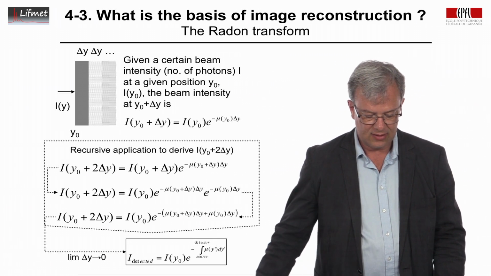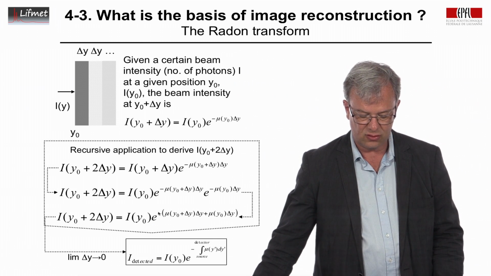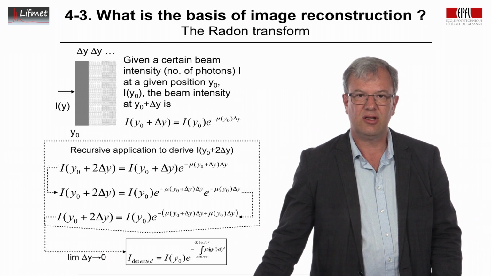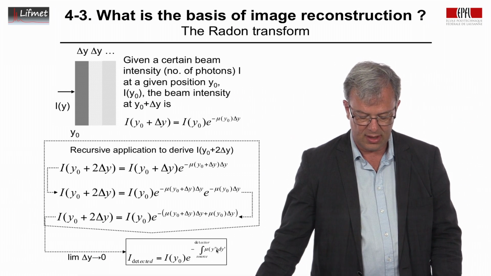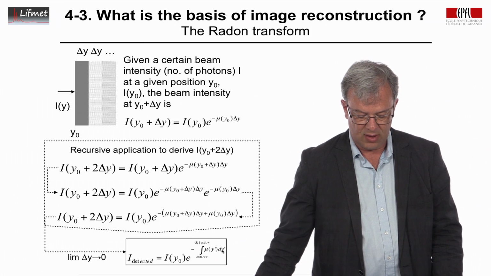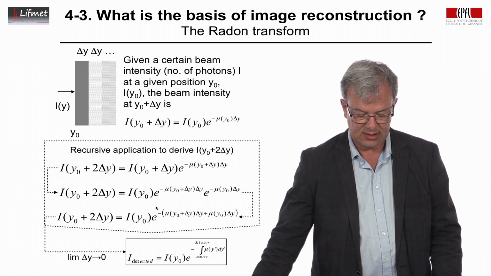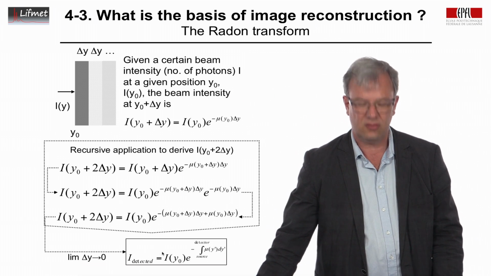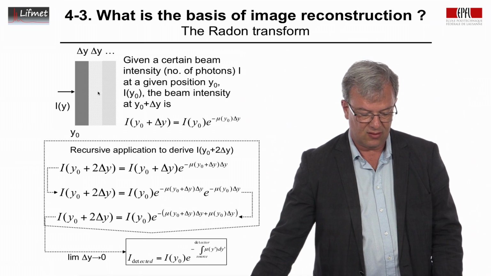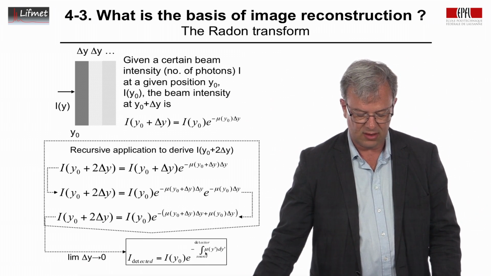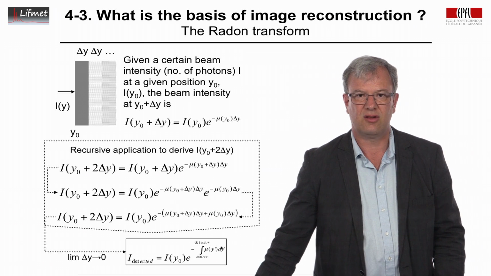We're going to sum from the source to the detector the linear attenuation coefficient along y, and I'll put in here the variable y prime, dy prime. It's minus this. This is what this sum is. So the detected intensity is equal to the impacting intensity times e to the minus this integral here. That gives us the detected intensity.